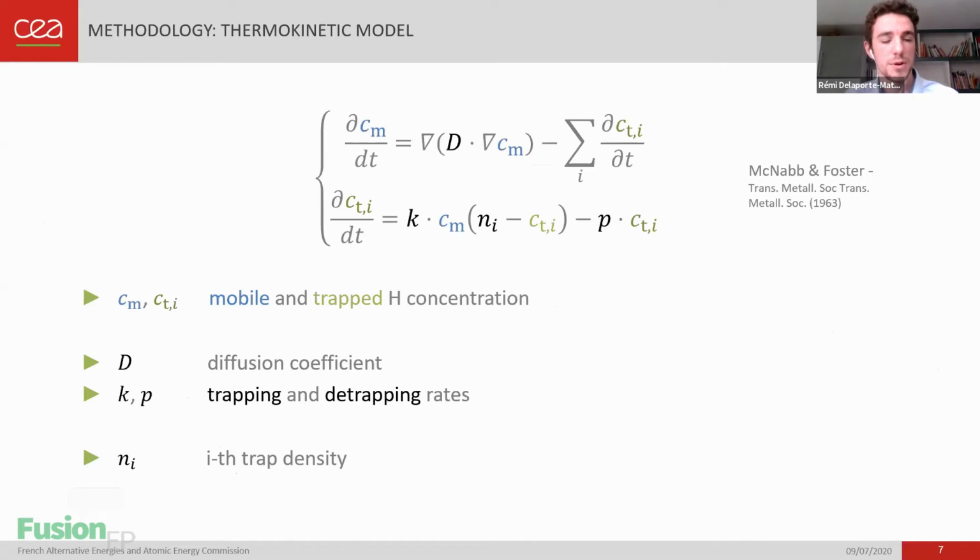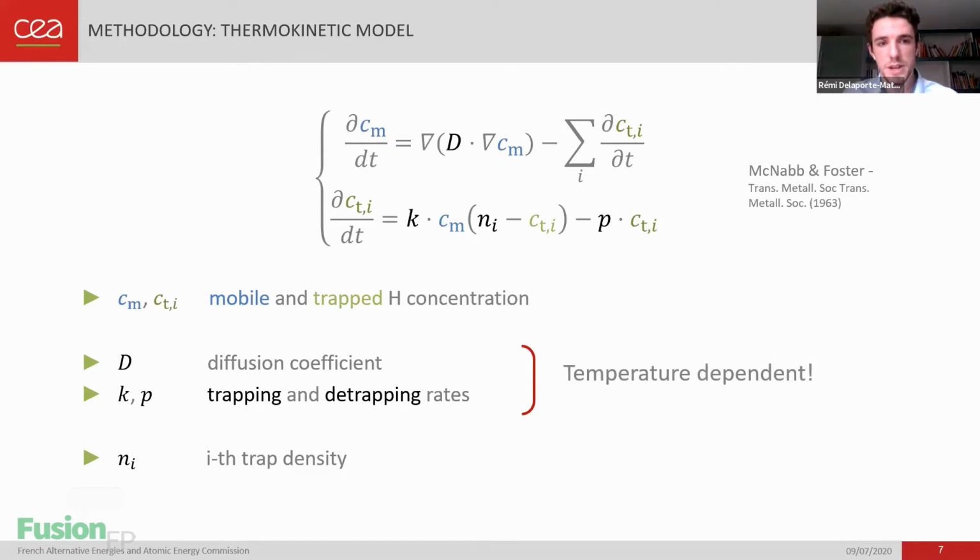So we separate the temporal evolution of the mobile concentration, so the hydrogen that diffuses in the material, and the trap concentration. So in black in this equation, you can see I've put the material properties we need. These material properties, we can actually identify them with the experiments I've shown you just before.